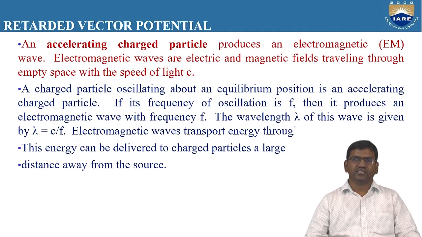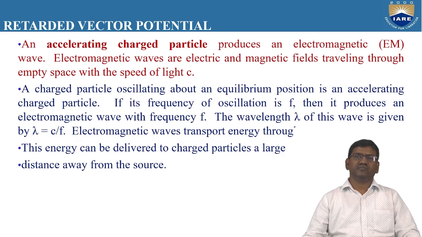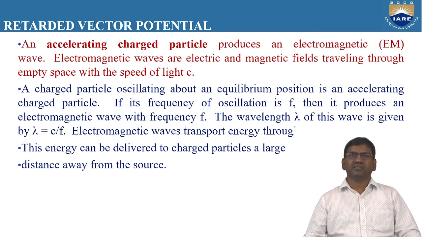If its frequency of oscillation is f, then it produces an electromagnetic wave with the frequency f. If the frequency of oscillation of the charges along the length of the conductor is f, then it produces an electromagnetic wave whose frequency is f.